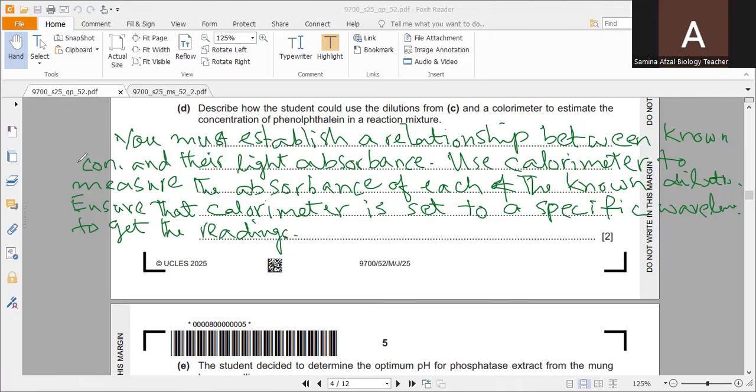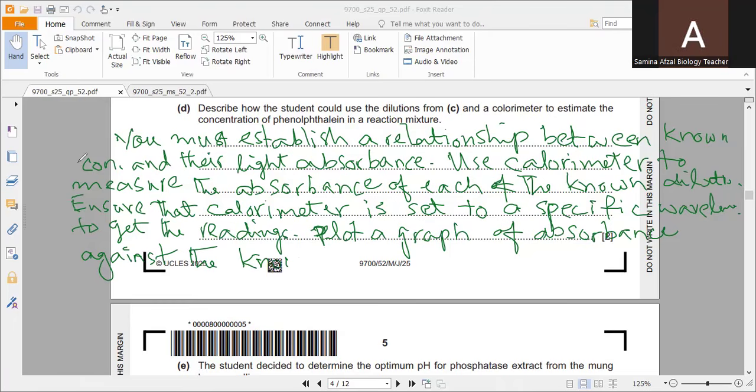So plot a graph of absorbance against the known concentrations of phenolphthalein.